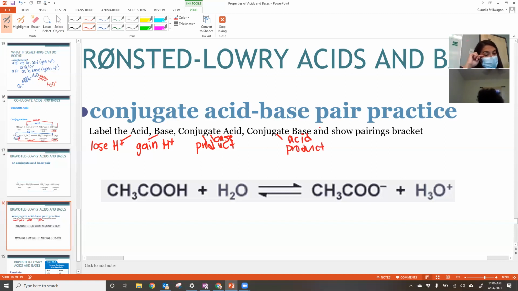So when we look at this, we have CH3COOH. It becomes CH3COO. It lost a hydrogen, which makes this acid. And this, your conjugate base.